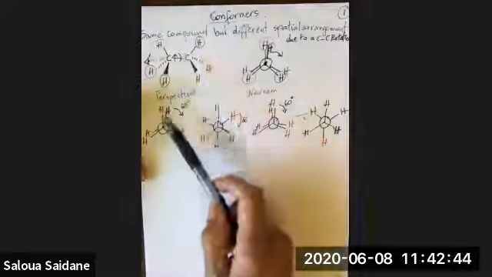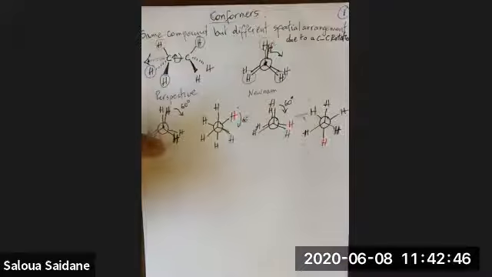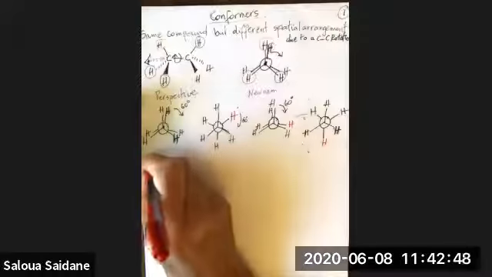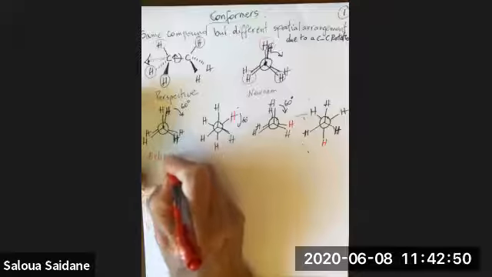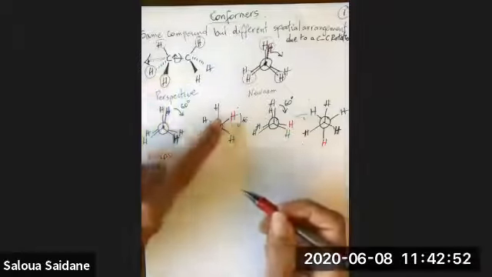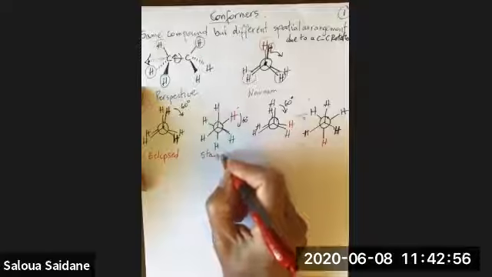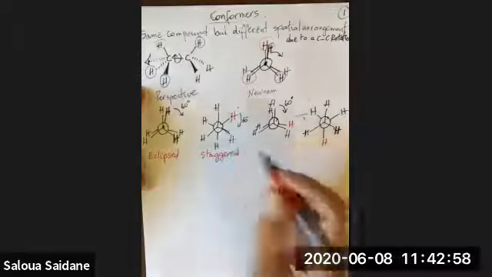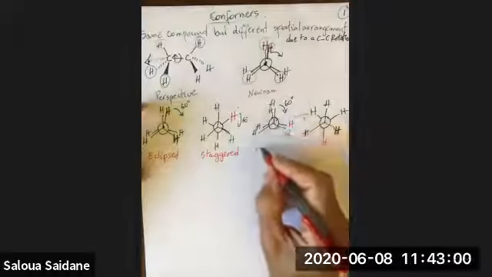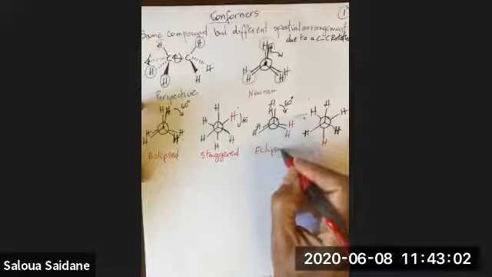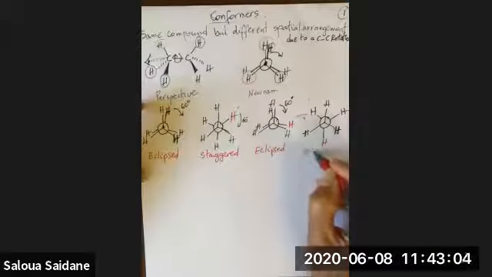They're hiding each other. So this position is called eclipsed. This one, they're far from each other, so this is called staggered. This is an eclipsed. This is a staggered.